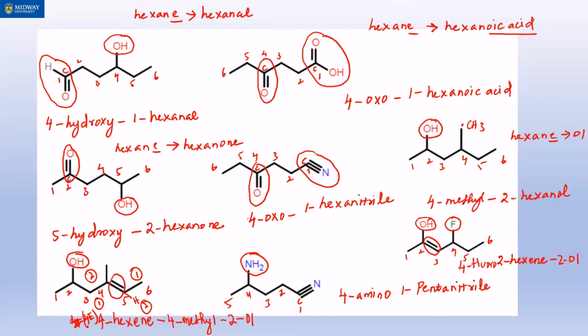And we cannot forget whether it qualifies for a Z or E. So this is 1, this is 2, this is hydrogen, so this is 2, this is 1, so it's a Z, so I'm going to say 2Z. You have to write that in the front, okay? So it's 2Z because it's the double bond between 2 and 3. So 2Z, 4-fluoro, 2-hexene, 2-ol.